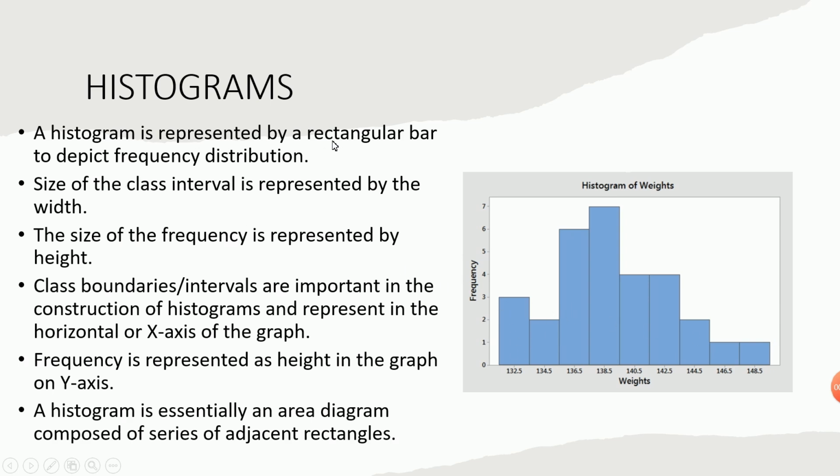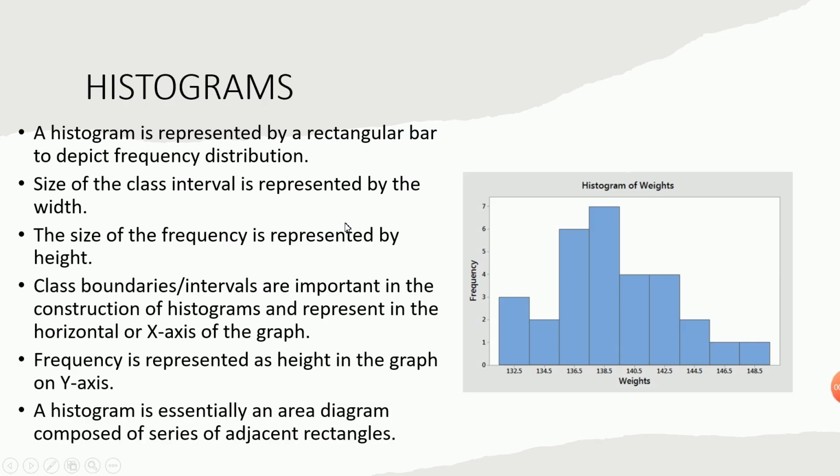Here a histogram is represented by rectangular bars to depict frequency distribution. Here we have to connect the midlines, so the line will come like this and then move on.